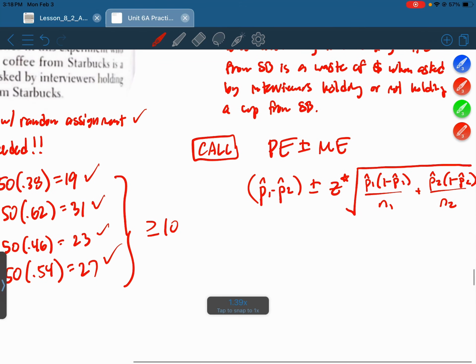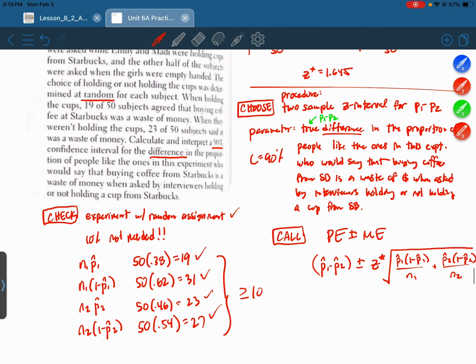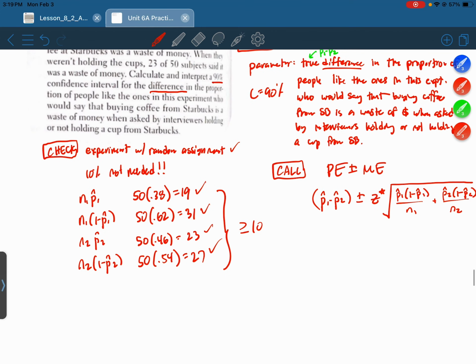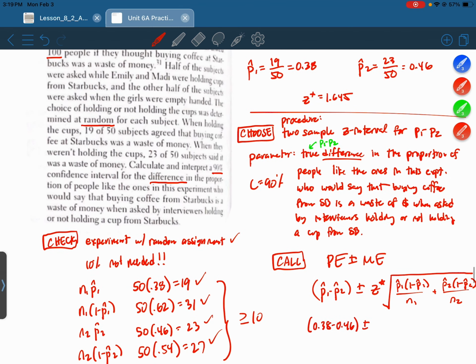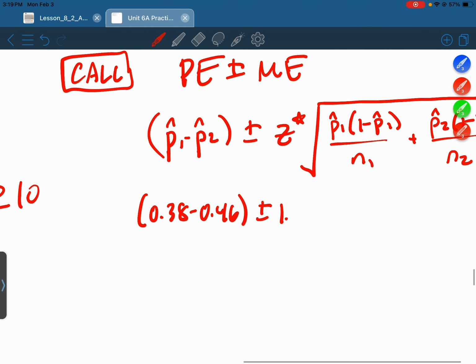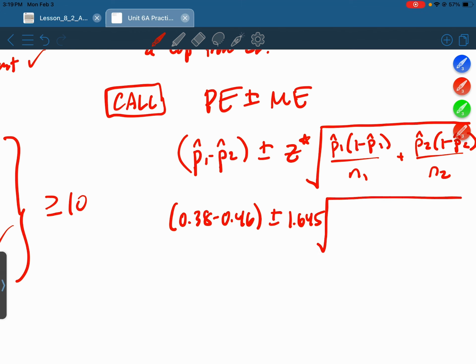All right. Now that we have the specific formula written in notation, next is to plug in the numbers. Okay. So p hat 1 minus p hat 2, that's 0.38 minus 0.46. Plus or minus. Now our critical value, I wrote that down up here, 1.645. All right, and then now the standard error part.